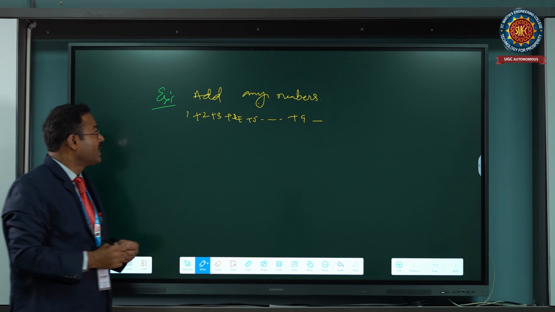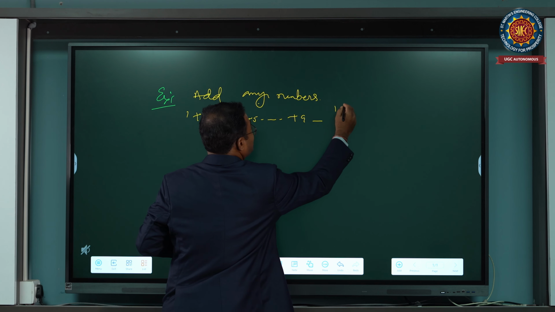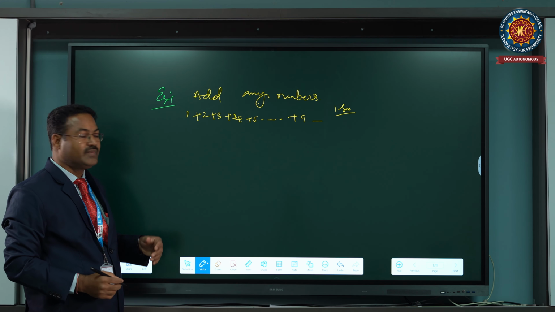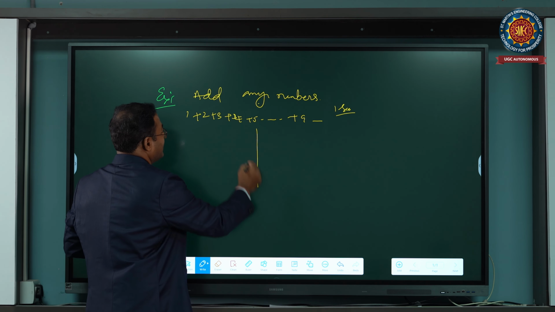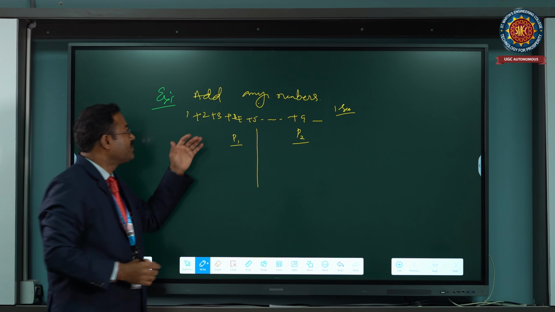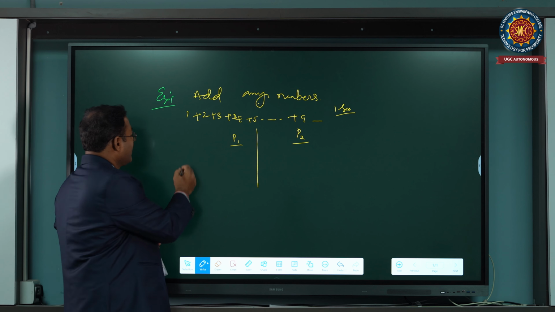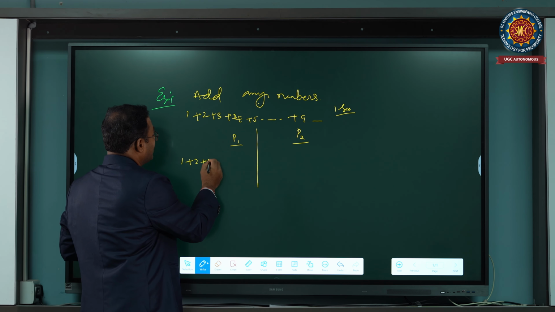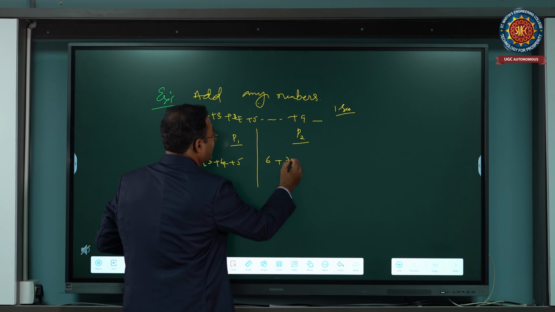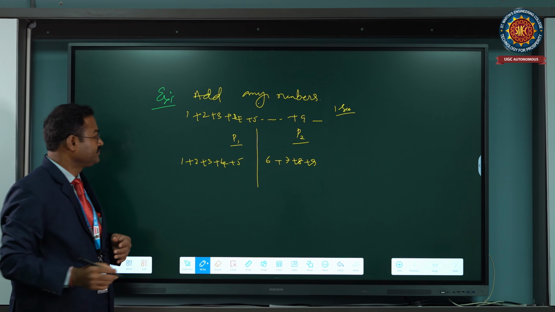Each operation will take, for example, 1 second. If I divide this problem and assign it to two persons, P1 and P2, one person adds 1 to 5 and the other adds 6 to 9.